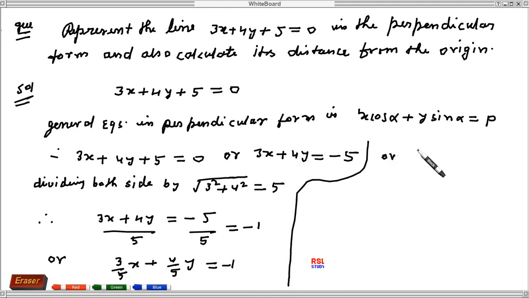So this is x over 5 by 3 plus y over 5 by 4 equal to minus 1. Now this is looking like the format of this.